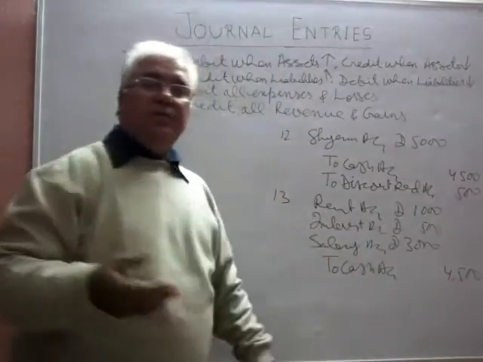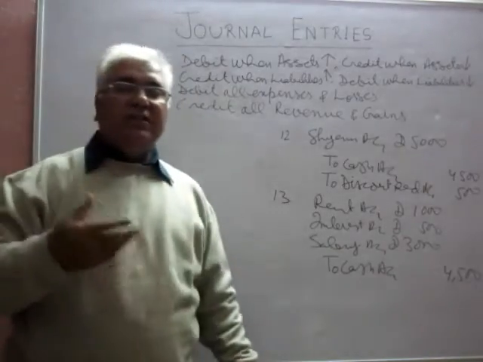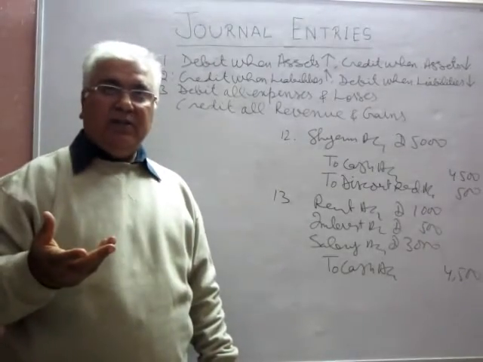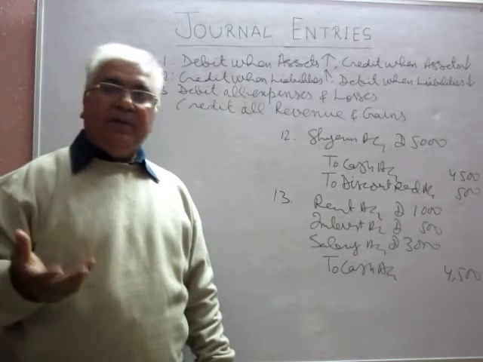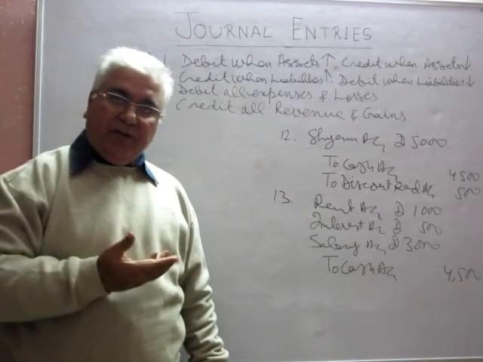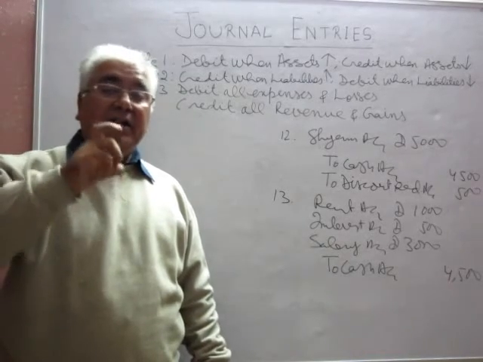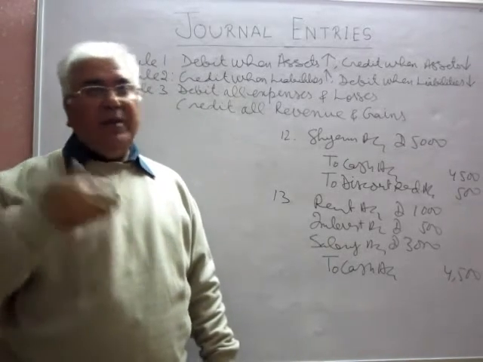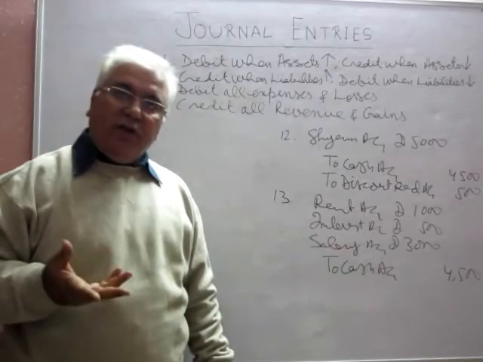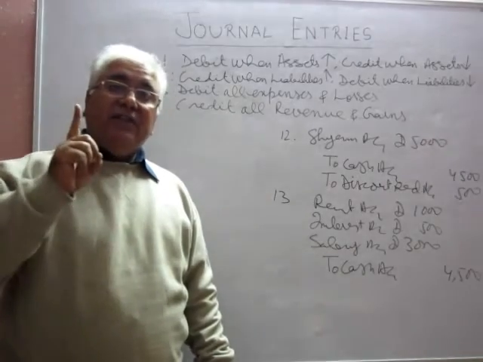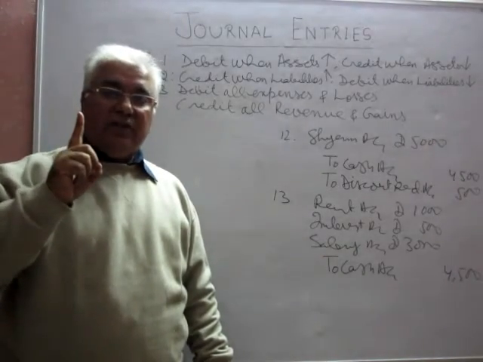For example, Mr. B, who owes us 2,000 rupees, and we allow him 10% discount on his making payment to us. So actually he will be making a payment of only 1,800 rupees, and we will be allowing him a discount of 200 rupees, and our asset will reduce by 2,000.